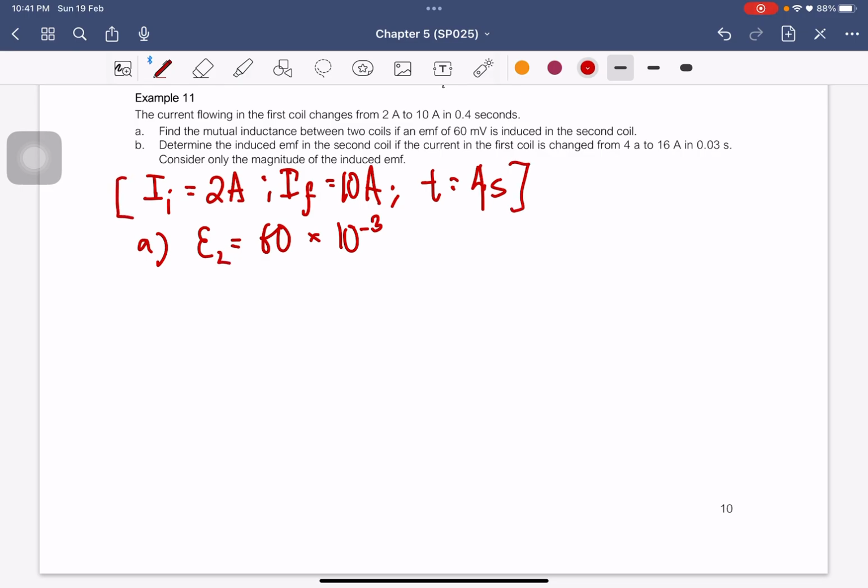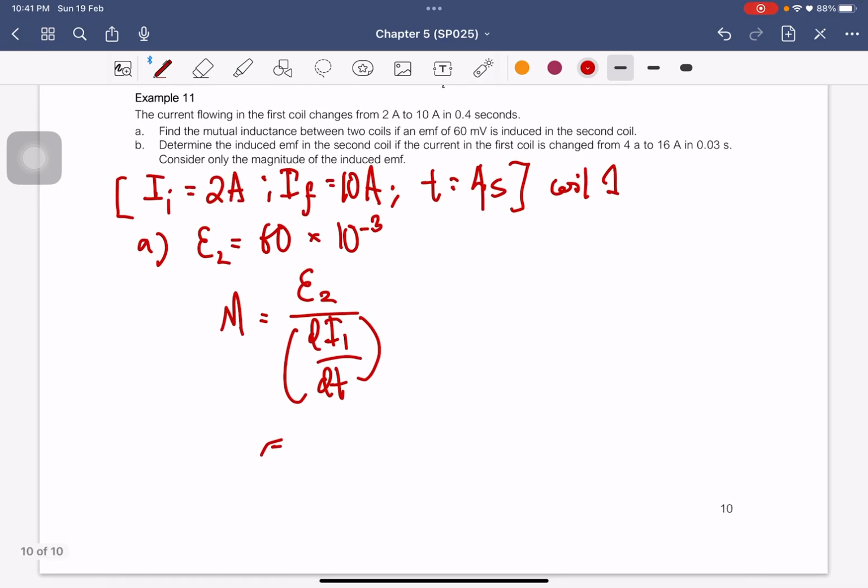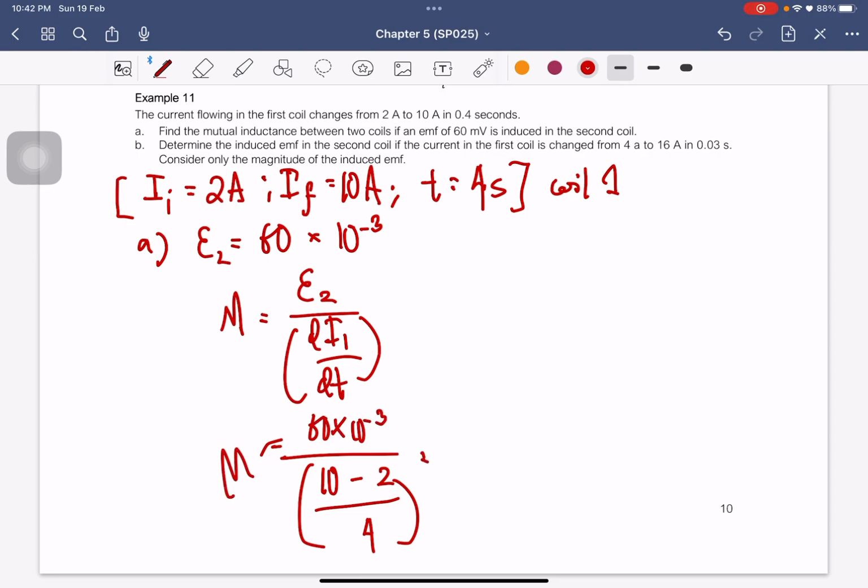So this here is happening at coil 1. Alright, so mutual inductance is equal to EMF 2 over the rate of change of current in coil 1. So this is going to be 10 minus 2 divided by 0.4 seconds, and the EMF is 60 times 10 to the negative 3. So the mutual inductance is equal to 3 millihenry.